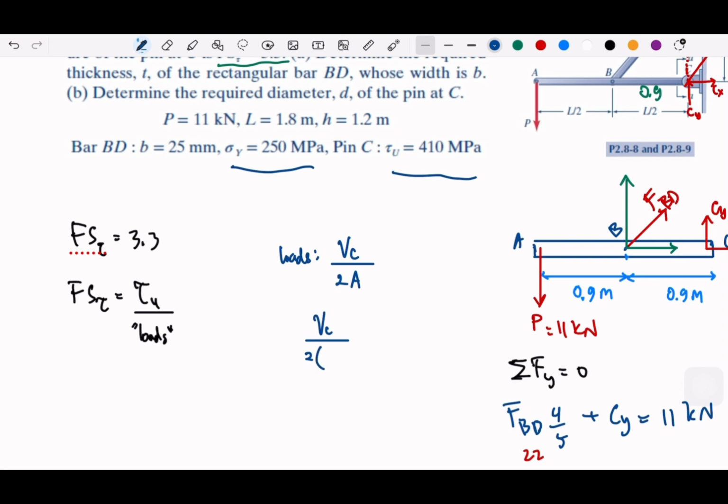Since we are using the diameter, I will write diameter squared over 4.